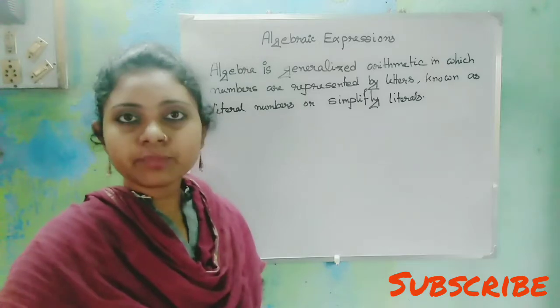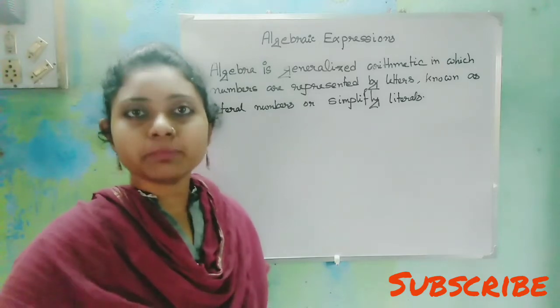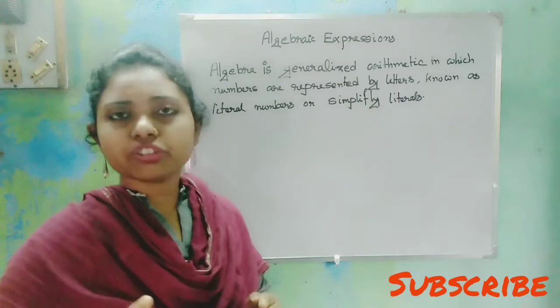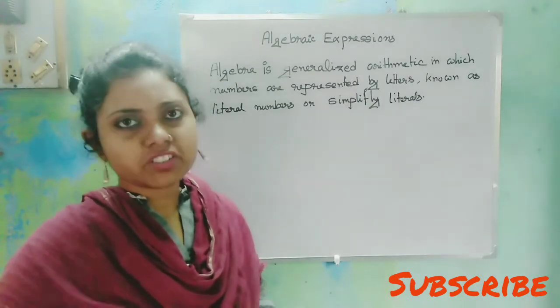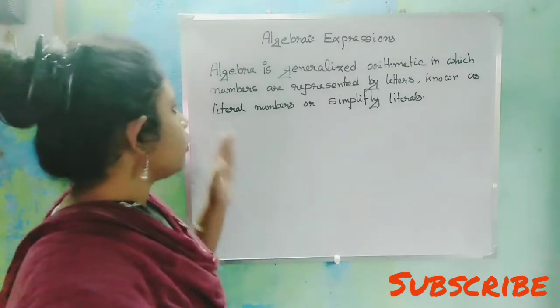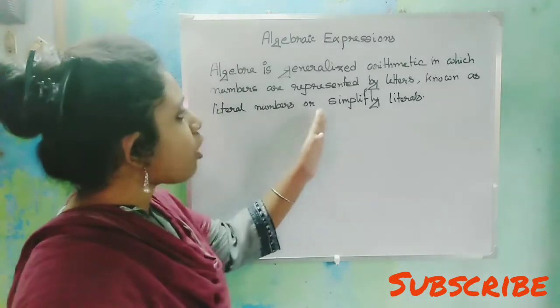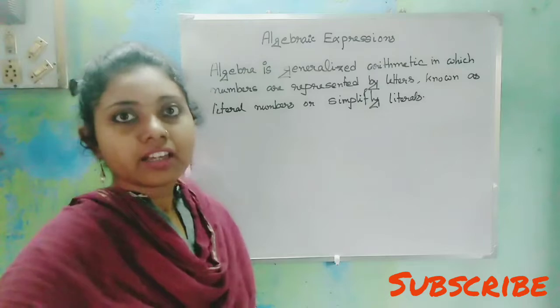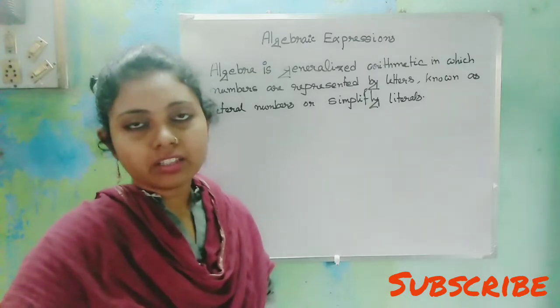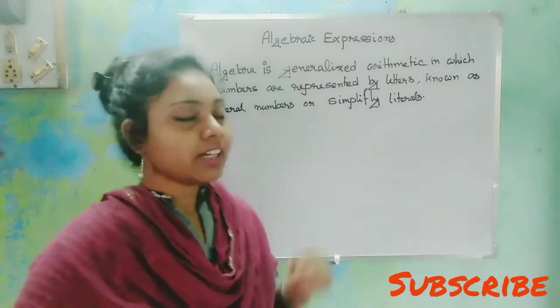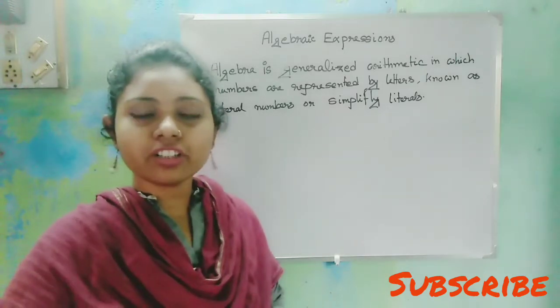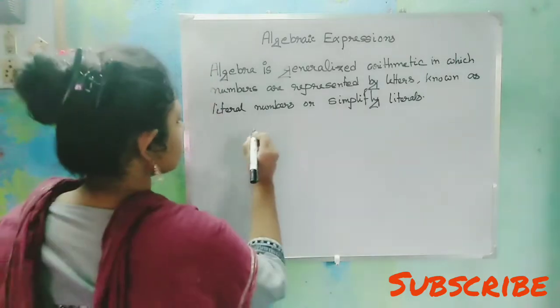See, in arithmetic we use only numbers, that is 0, 1, 2, 3, 4 up to 9 and 2-digit numbers, 3-digit numbers, etc. In algebra we use literals as well as numbers, and literals are also numbers.